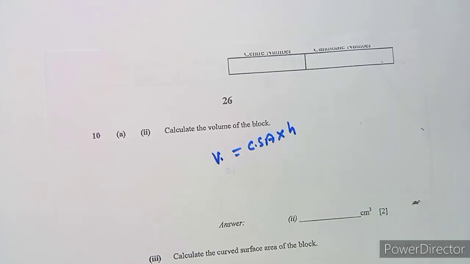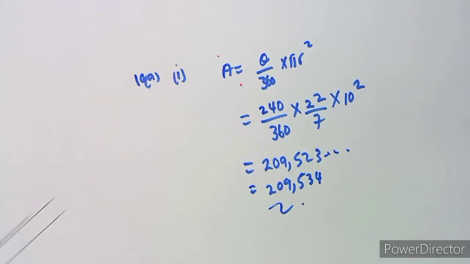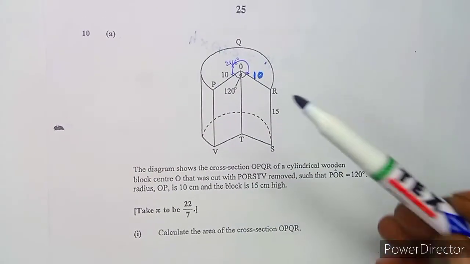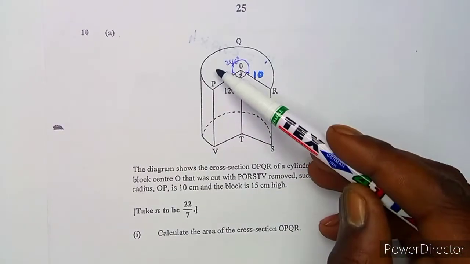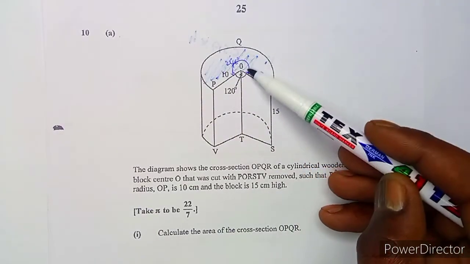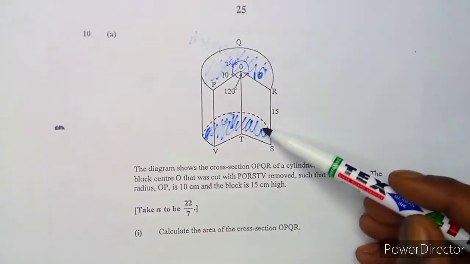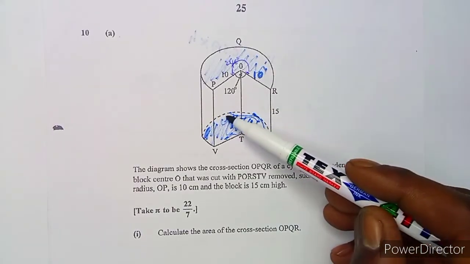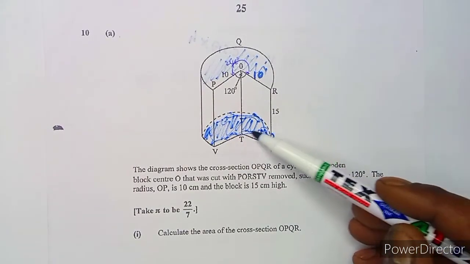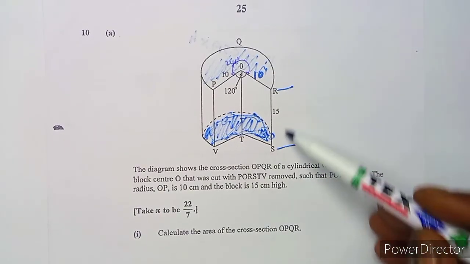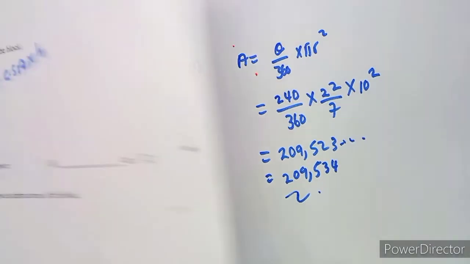The cross section here is the same cross section that we see here, and they've got the same area. So it's the area of this cross section times the height, which is separated by 15 centimeters.